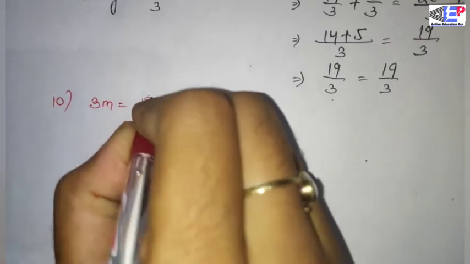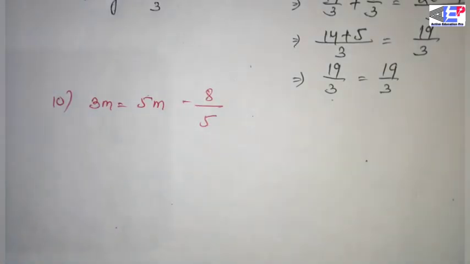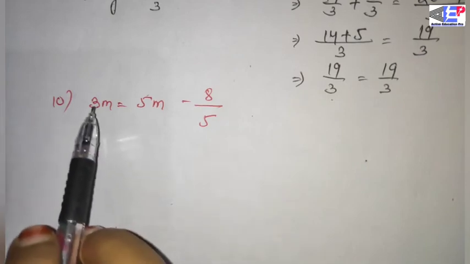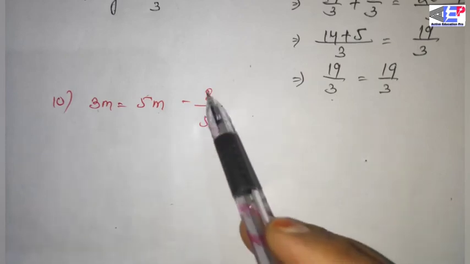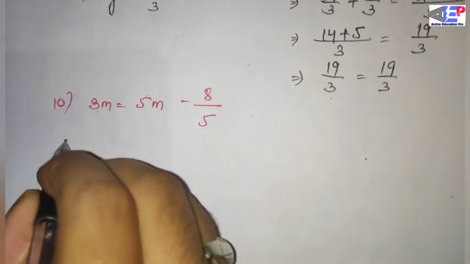Then next, question number 10. 3m is equal to 5m minus 8/5. Here the variable is m, two terms 3m and 5m, and one single constant term minus 8/5.